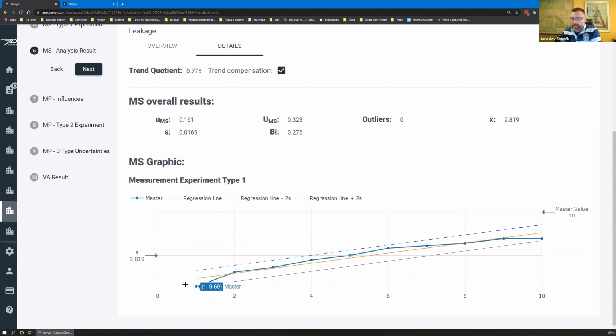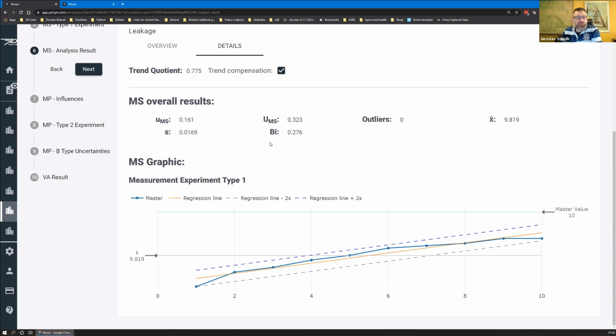Let's see the graphic. There is a trend. It is quite usual to see a trend in leakage testing. And now the question is whether we should be compensating for this trend or not.